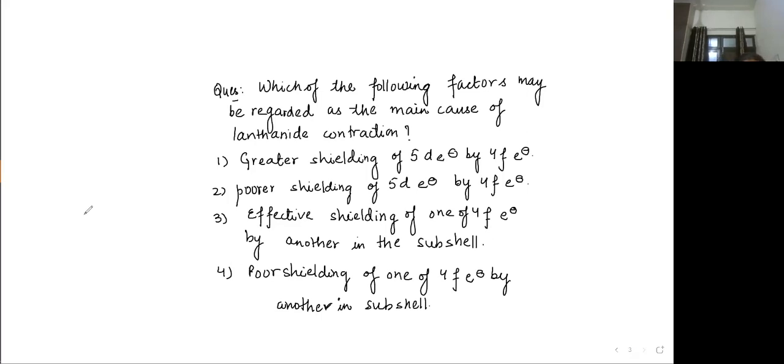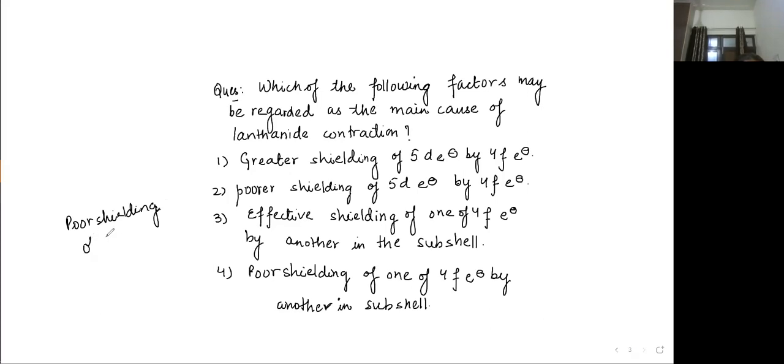Poor shielding of which electrons, 5d electrons or 4f? Poor shielding of 4f electrons is there.